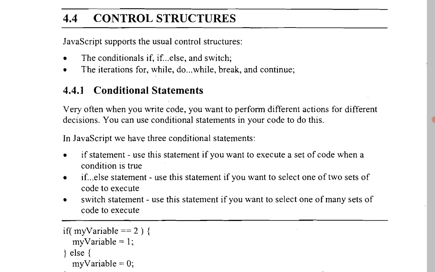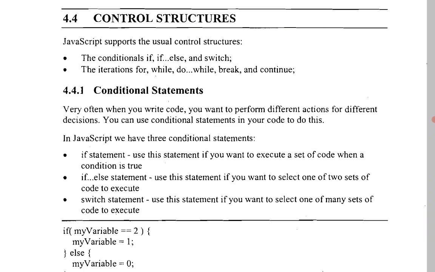If else statement: use this statement if you want to select one of two sets of code to execute. Switch statement, the third statement: use this statement if you want to select one of many sets of code to execute.